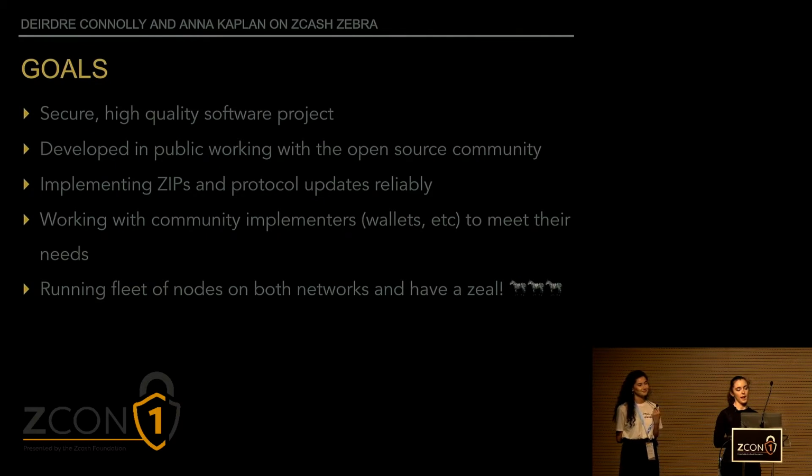Beyond that, we want to work with our community developers, especially wallet implementers, to see what we can do to make your lives easier and what you need from a node implementation. And for our infrastructure, we want a whole bunch of nodes running on testnet, but especially mainnet, as we upgrade the implementation to 1.0 and beyond.